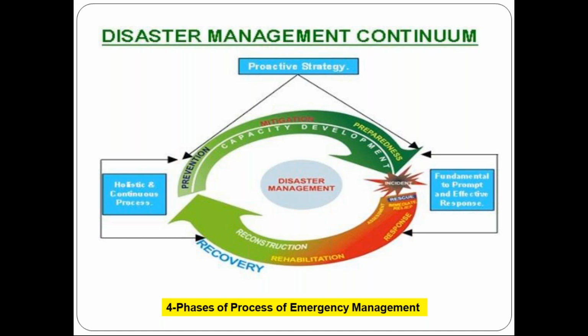Another is the proactive side. All our efforts should be toward preventive and mitigation measures. Then we should have reconstruction: once the disaster has happened, how fast we can recover and bring things back to a normal situation. These are the four phases of the emergency management process. What we are talking about currently is preparedness and response. How ready are we for various kinds of emergencies?